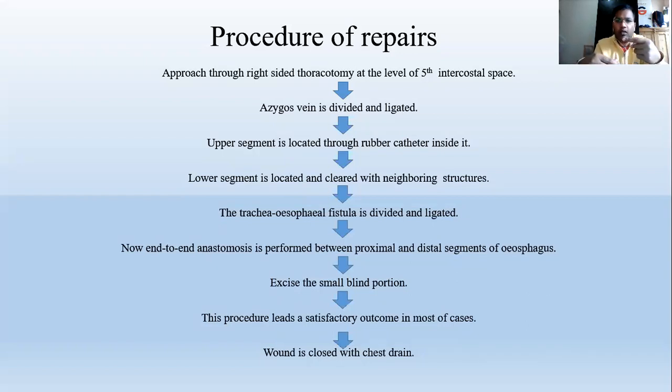Just like this is the duodenum and this is the ileum. If you do anastomosis like this, it is end-to-end anastomosis. If you do it like this, this is the side portion and this is the end portion. So if you fuse and close this like this, then this is end-to-side anastomosis.